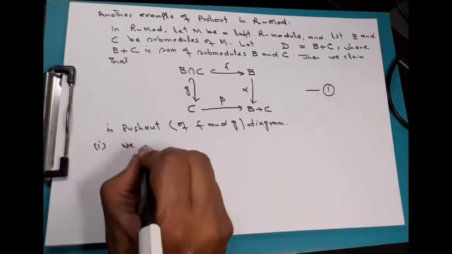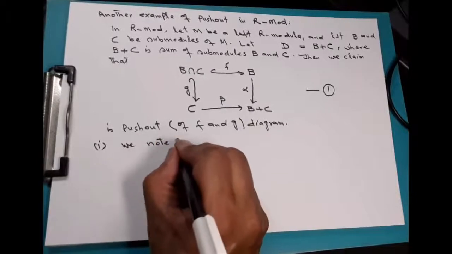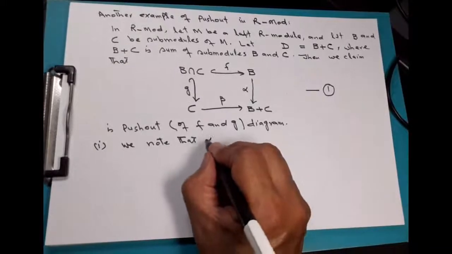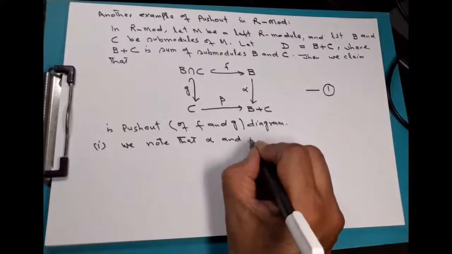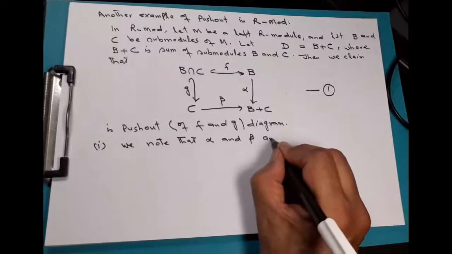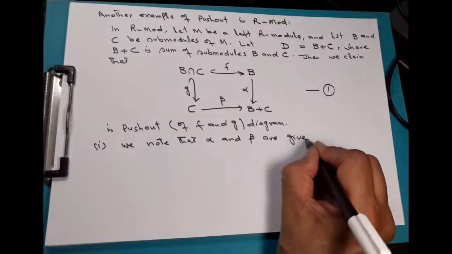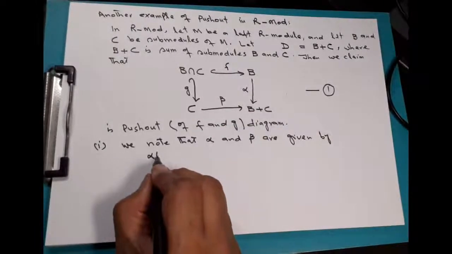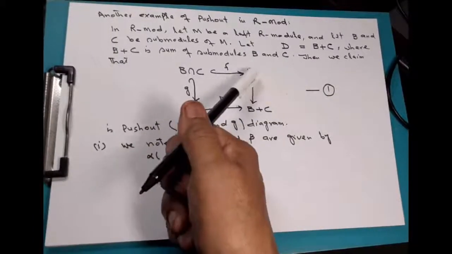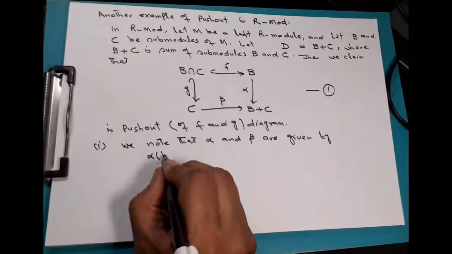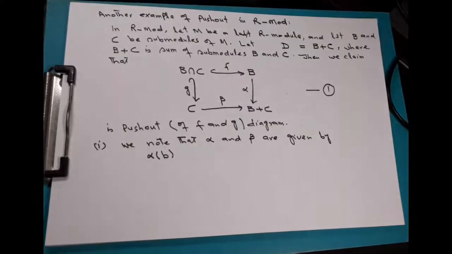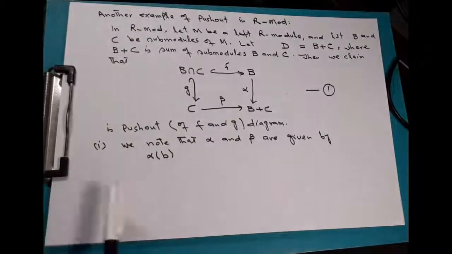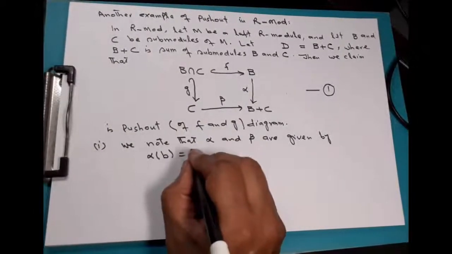We note that alpha and beta are given by: effect of alpha on any element of B, let's write small b, so effect of alpha on an element b of capital B is equal to b plus 0.